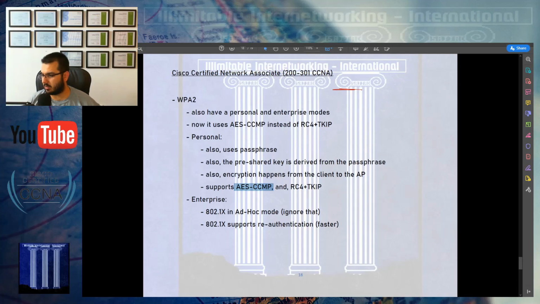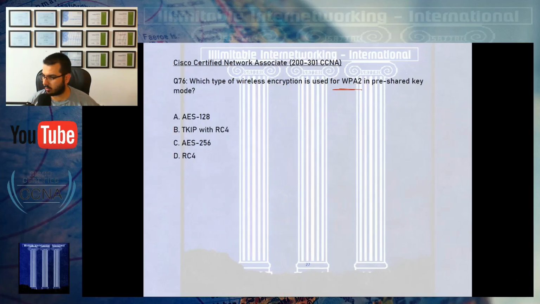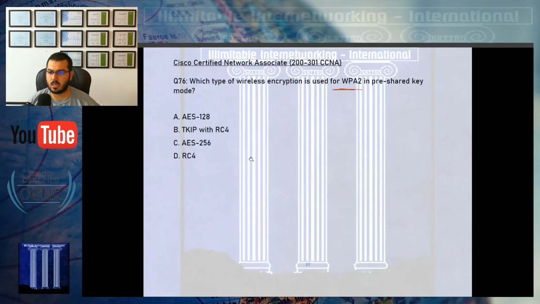So just run backward. There is an AES, there is a TKIP, there is an RC4. RC4 will not work alone. RC4 needs TKIP together to work, and there are two AES.